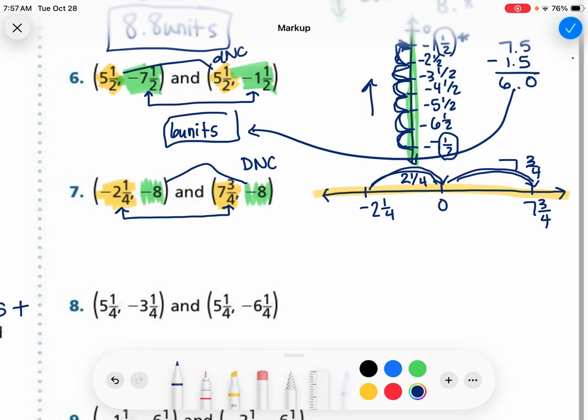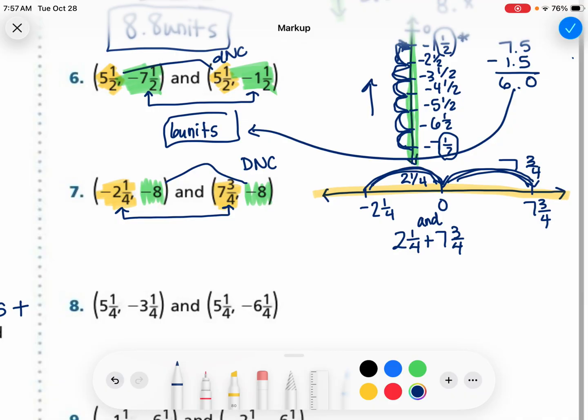Does that sound like I'm having to add or subtract? Well, you're having to add, right? 2 1/4 plus 7 3/4. You're traveling this distance and that distance. And means add, right?